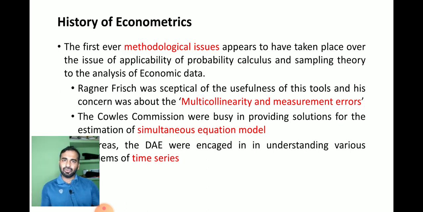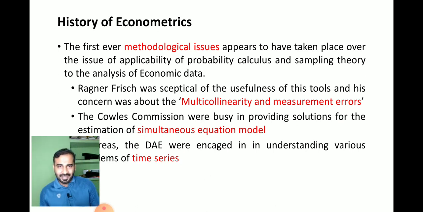Whether we can use probability and sampling theory in statistics in order to analyze economic data. This was the first methodological issue that the Econometric Society faced, and the answer to this question was given by Professor Haavelmo.